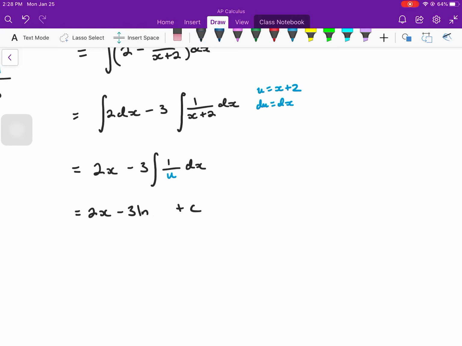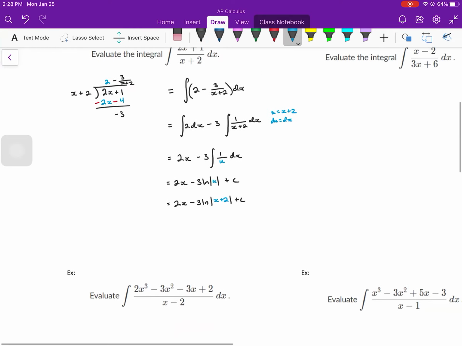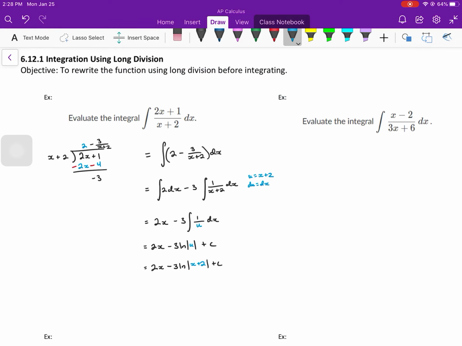So natural log of u plus c. And remember, u is just going to be the x plus 2. And that's going to be your answer. So that's the idea there.